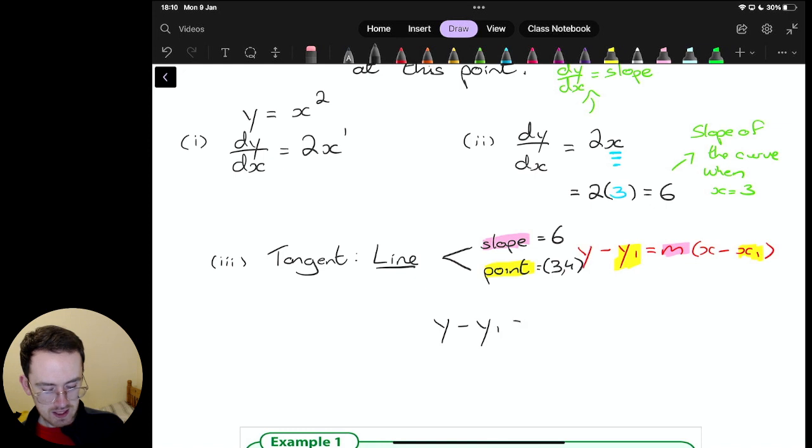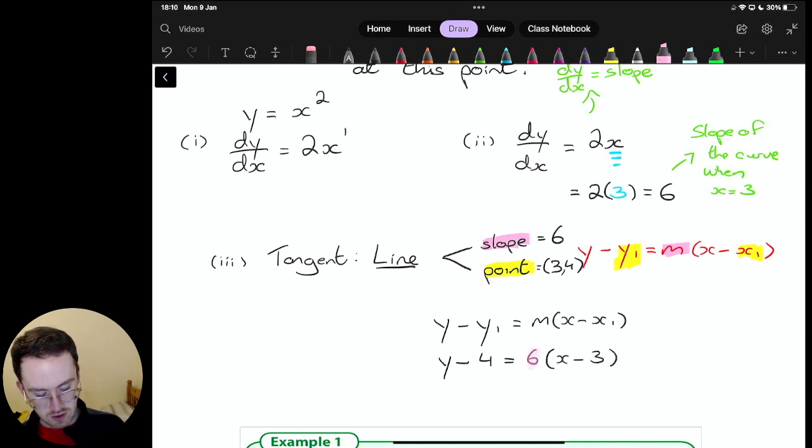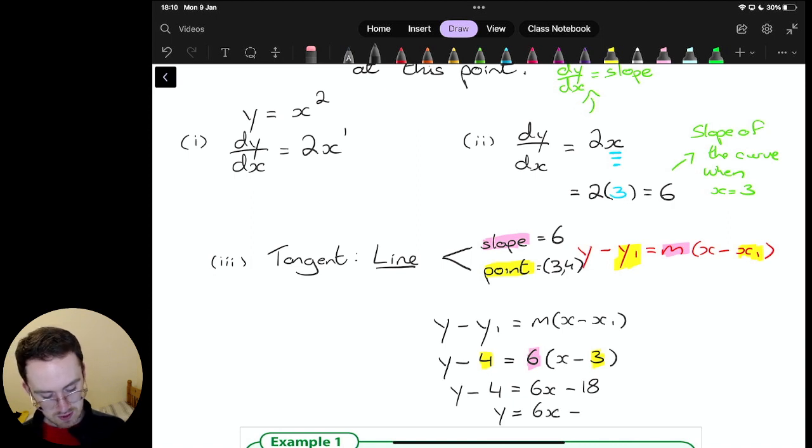So subbing this in, trying to tidy it up a little bit. y minus y1 is the 4, m is our slope, which is 6, x minus x1, and let's make this really, really clear. So our slope is 6, our point is the 4 and the 3. Making it really, really clear for ourselves. So y minus 4 is 6x minus 18, and y is equal to 6x minus 14.